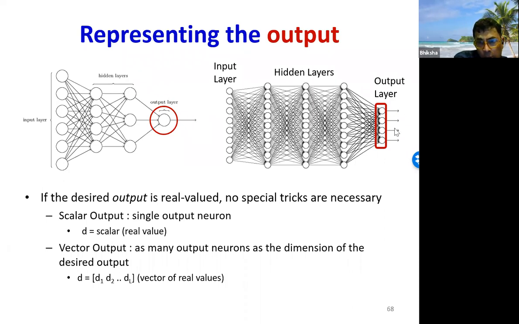If the desired output is a real valued vector, then the network is going to have as many outputs as the number of components in the desired output, and these outputs are also going to be real valued. So in the case of making real valued predictions, this is very easy.